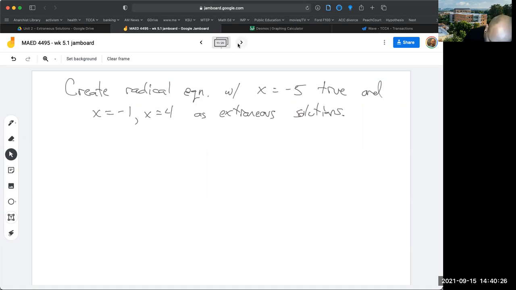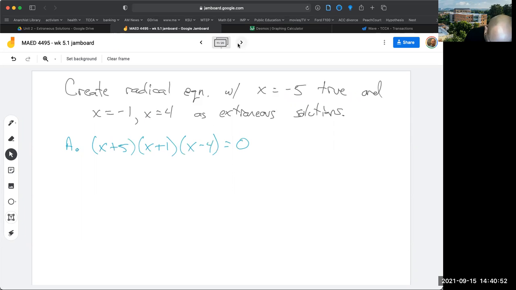So first step, as suggested in the book, let's go ahead and create a cubic function with those three solutions. First step, let's create a cubic with those three solutions. So that would be (x plus 5)(x plus 1)(x minus 4) equals 0.